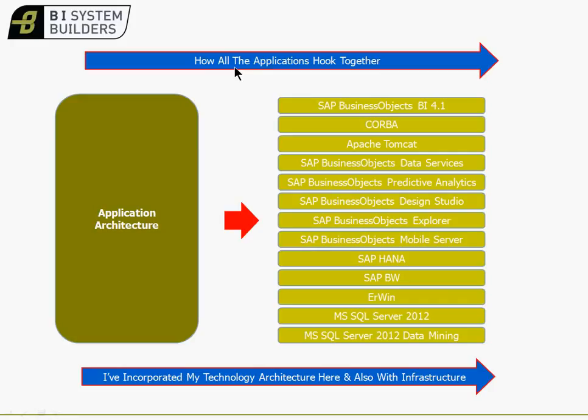Okay, so I list out my applications, and I need to also start defining how all the applications hook together. You might say to me, Russell, this is really your integration architecture. Yeah, and it comes up later on, we'll talk about it. But you're going to find when we talk about data architecture that it is very closely related.